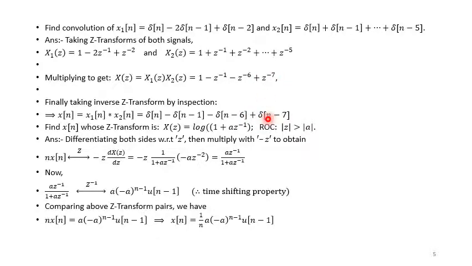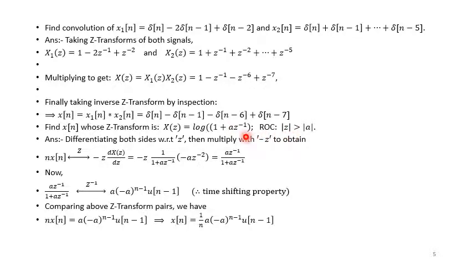That's quite straightforward, right? The next thing is to find the inverse Z transform of X of Z, such that X of Z equals log of 1 plus A Z inverse, with ROC |Z| greater than |A|, which means the sequence will be a right-sided sequence.